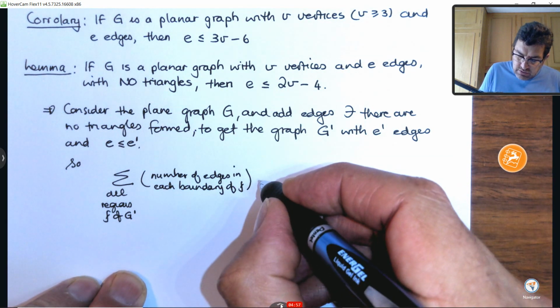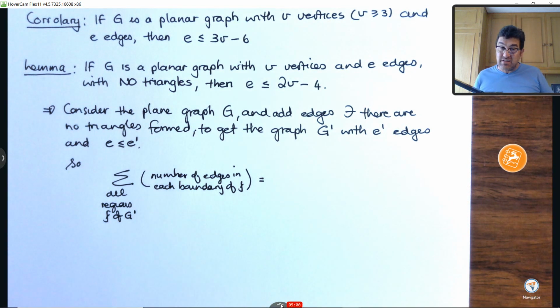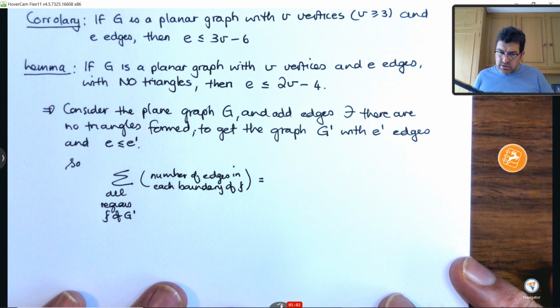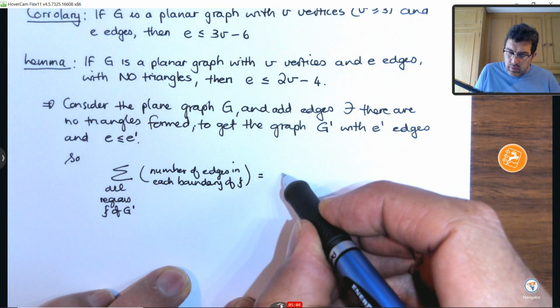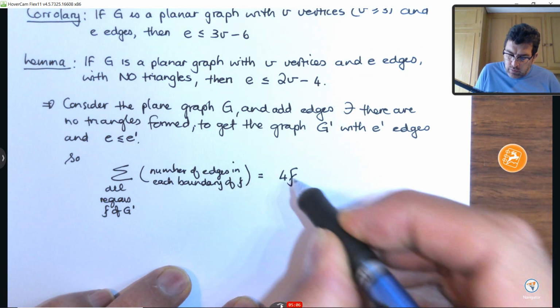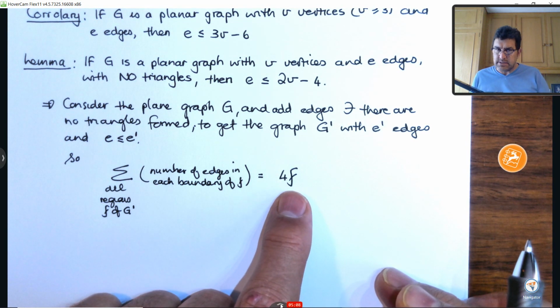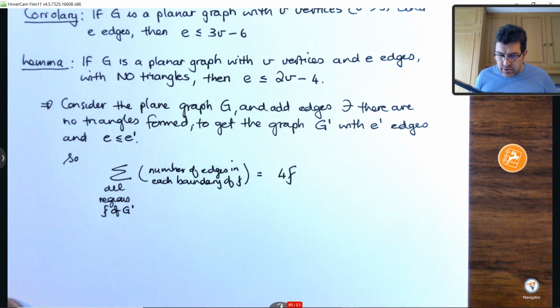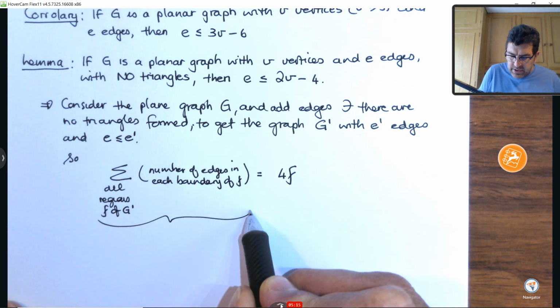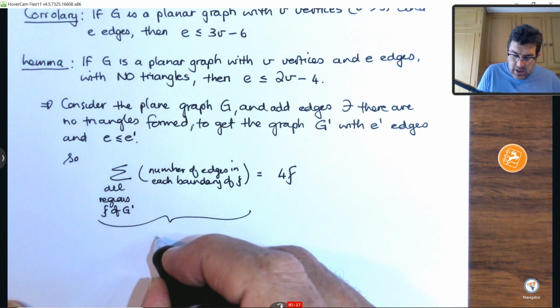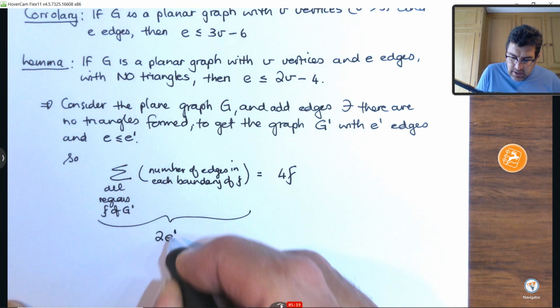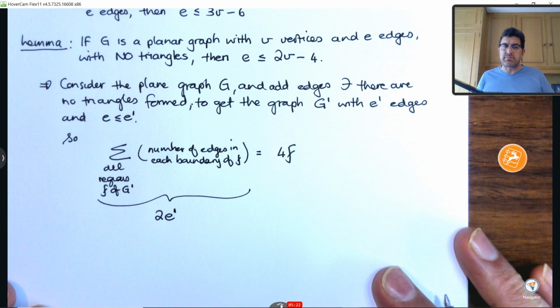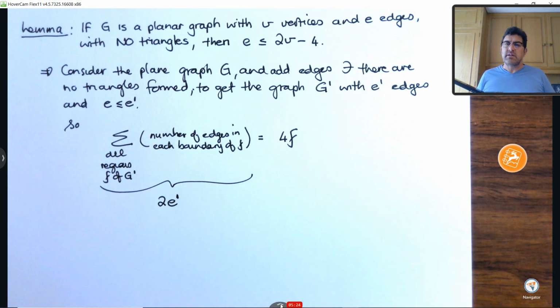Well, we don't want triangles, but there are still boundaries to be formed. So we will have 4 times the number of regions, because each region will have 4 boundaries. But now remember, on this side here, we'll have twice the number of new edges that are counted, because some of these regions share a boundary line.